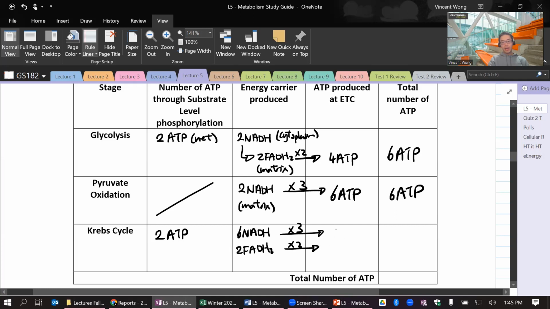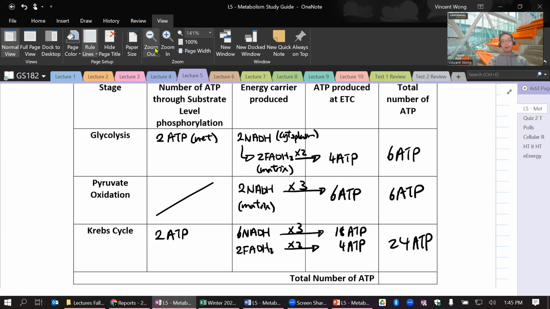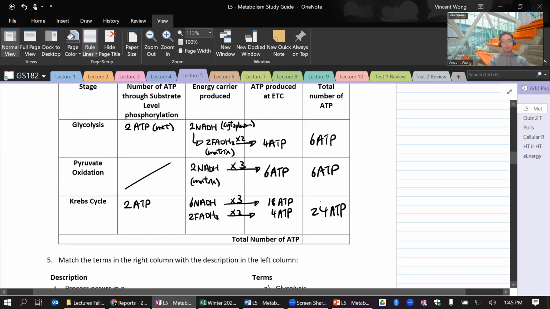So that will give me 18 plus 4 ATP. So that's going to be 18 plus 4 plus 2, which gives us 24 ATP. And if we add them up, 6 plus 6 plus 24, that's how we get the total of 36 ATP from metabolizing 1 glucose.